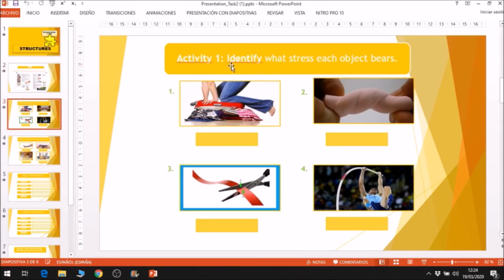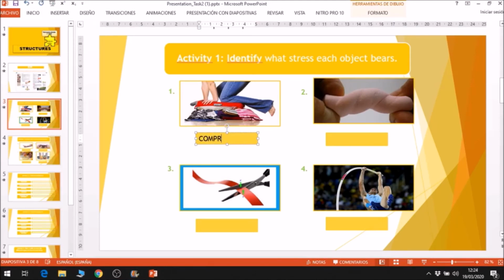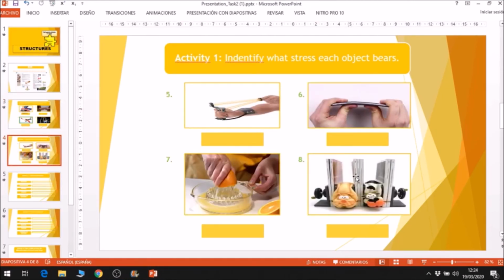In the first activity, you have to identify the type of stress. For example, if you press in this rectangle, you can write here the type of stress that this object is suffering. It is a compression stress. You have to do the same with the other photographs.